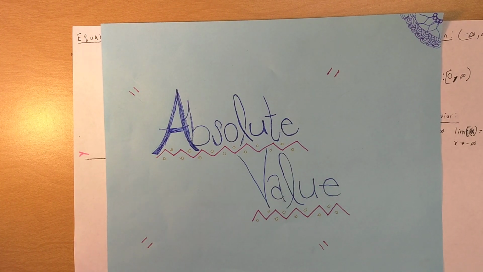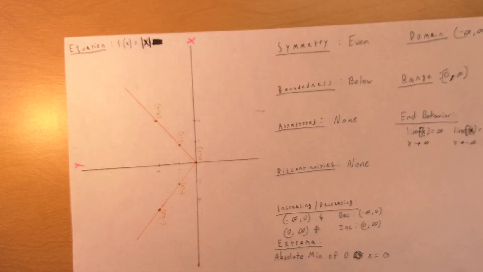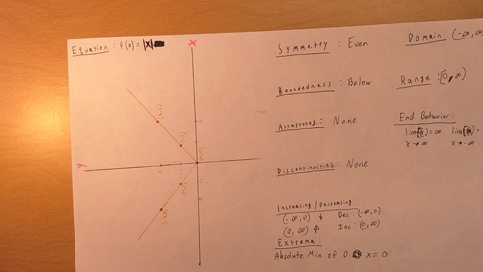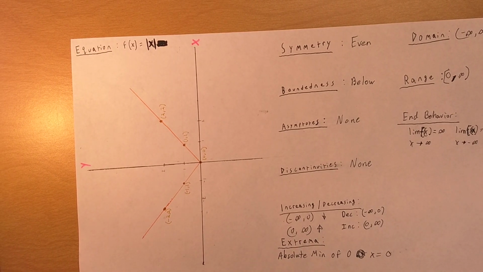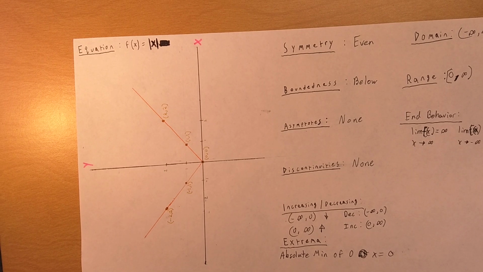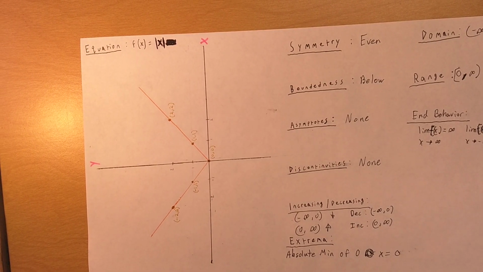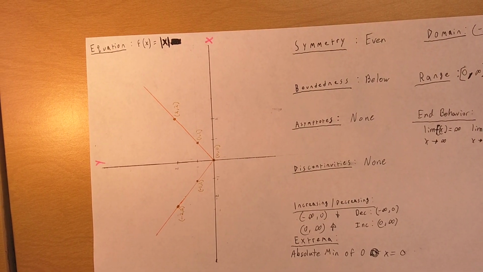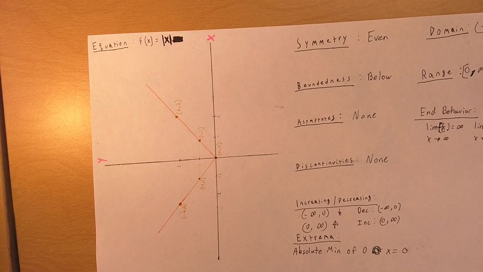So next, we have absolute value functions. The parent function of an absolute value equation is f of x equals the absolute value of x. This has an even symmetry with respect to the y-axis and is bounded below. There are no asymptotes and no holes, so no discontinuity. This function is decreasing from negative infinity to 0, and then increasing from 0 to infinity.